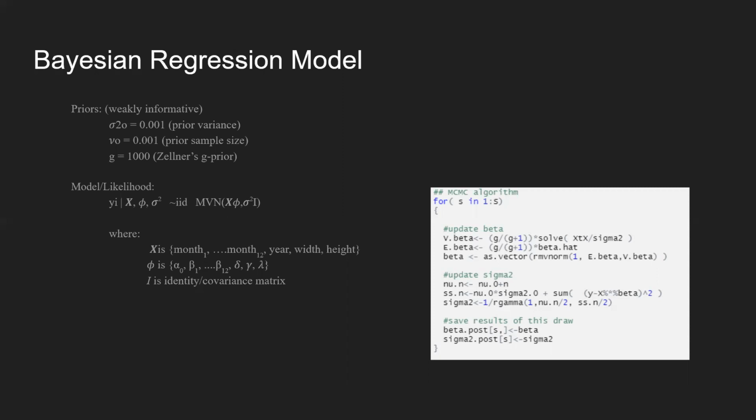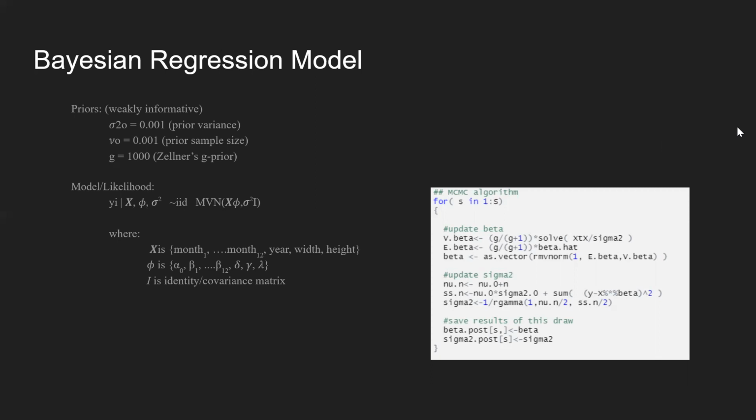So our variables include the month, from month 1 to month 12, and we also have the variable for year, the width variable, and the height variable, and get their corresponding coefficients based on the Bayesian regression approach.